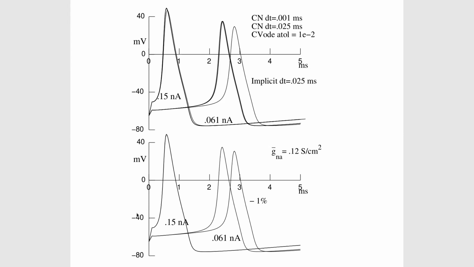Let's compare the Crank-Nicholson method with a DT of 1 microsecond, which we're using as sort of the gold standard, for very superthreshold stimulation in which one run had the standard sodium conductance density, and the second run, that density was reduced by 1%.